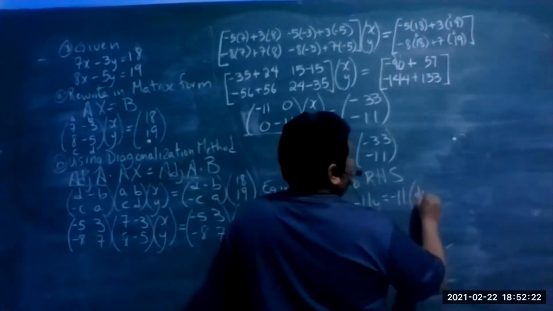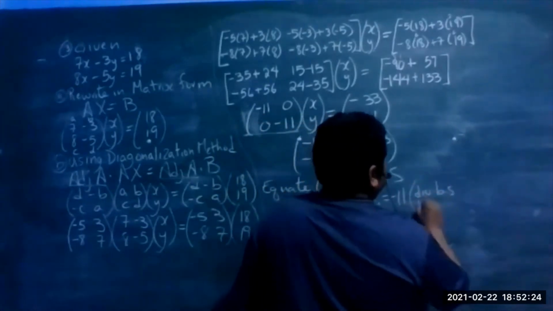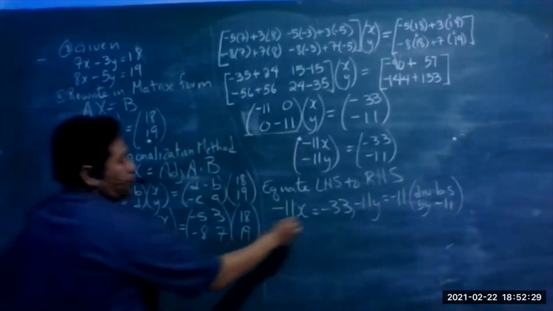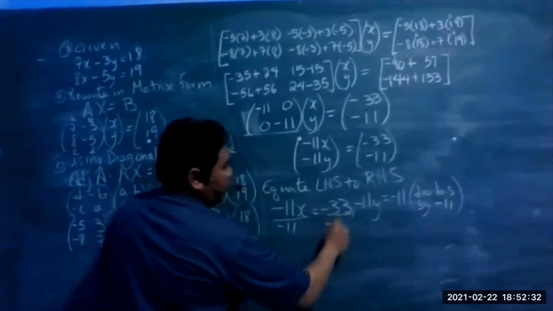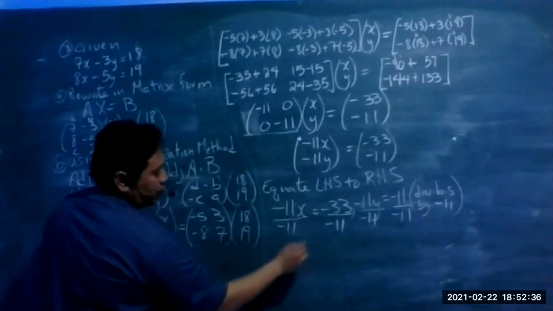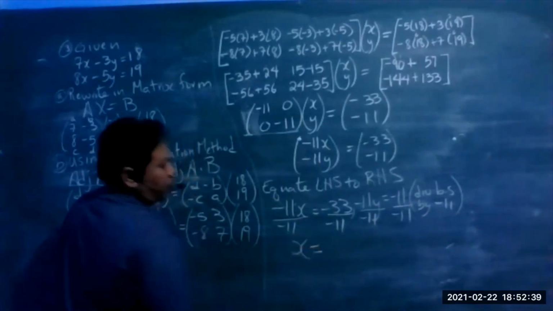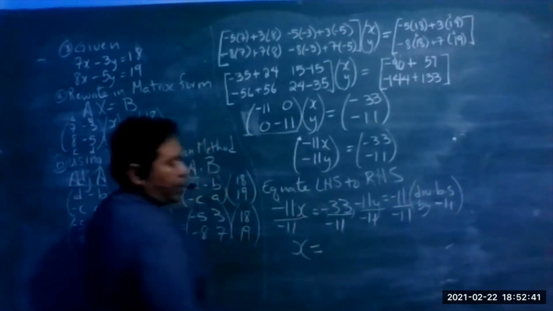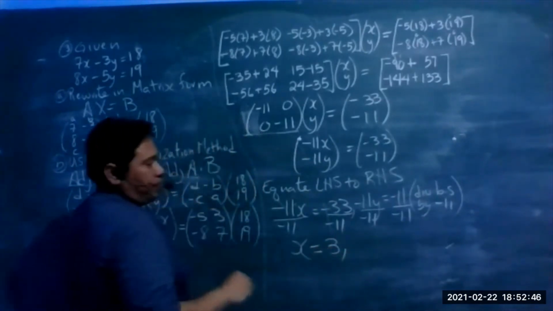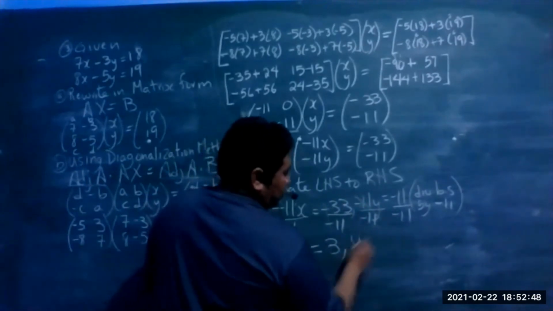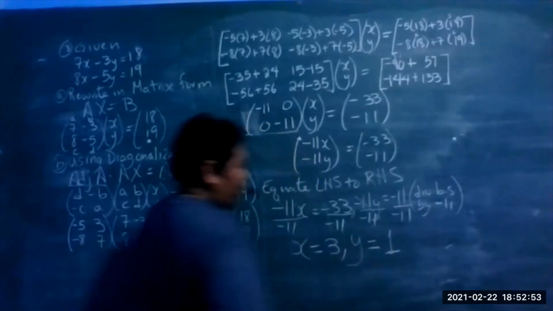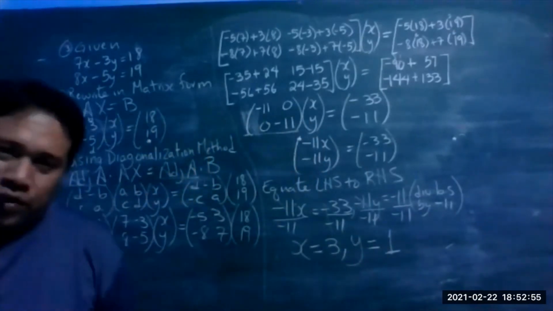And so we divide both sides by negative 11. This cancels, giving me x is equal to 33 divided by 11, which is 3. Here, this cancels, giving me y, and anything divided by itself is 1. I see my mistakes.